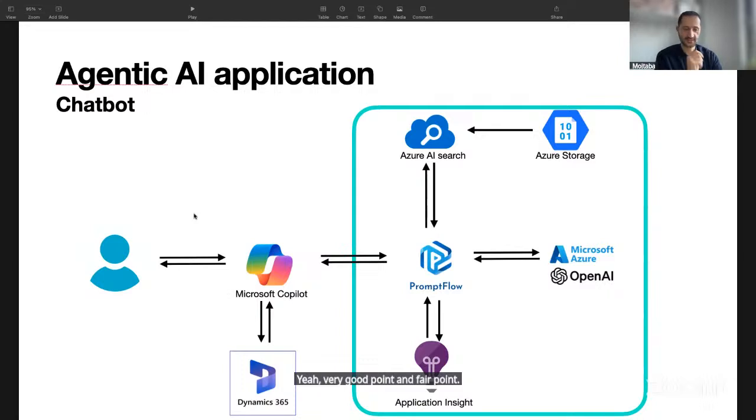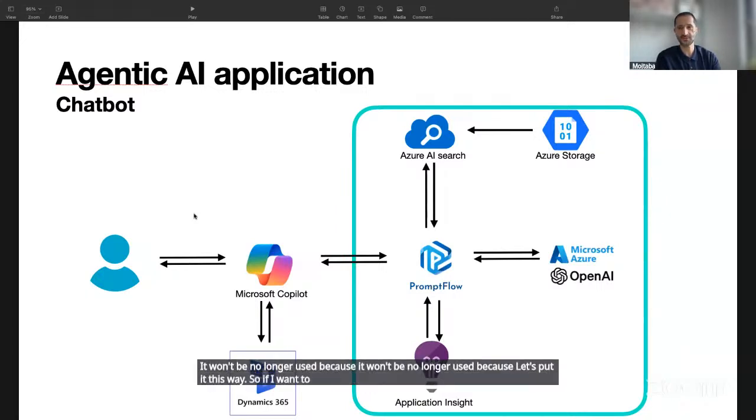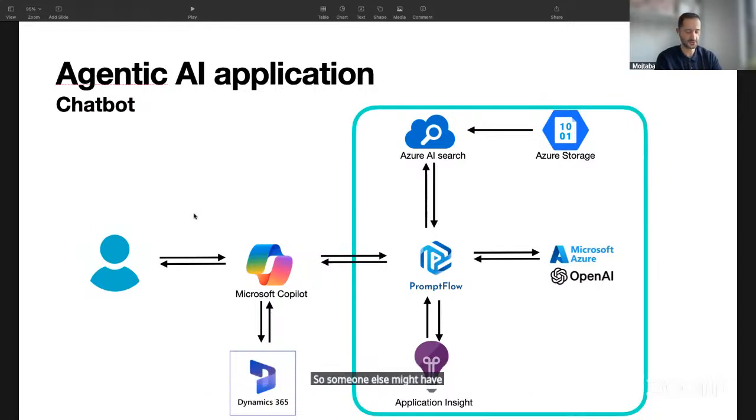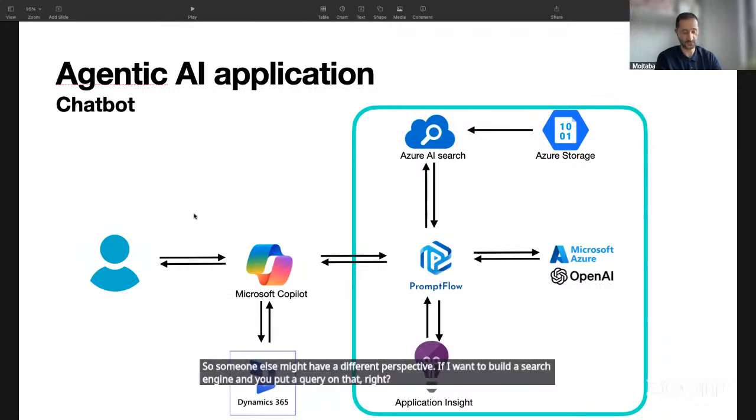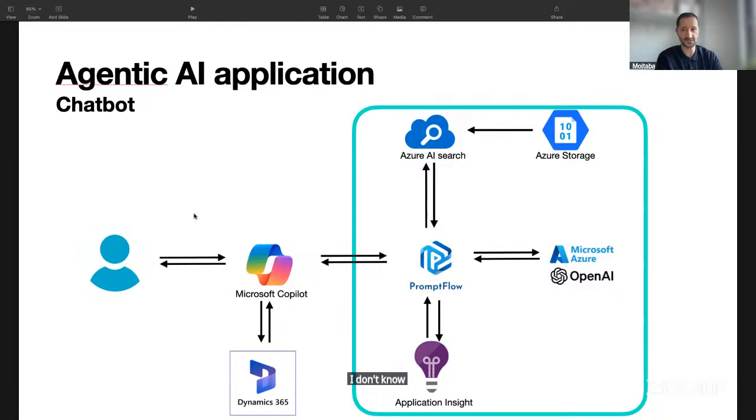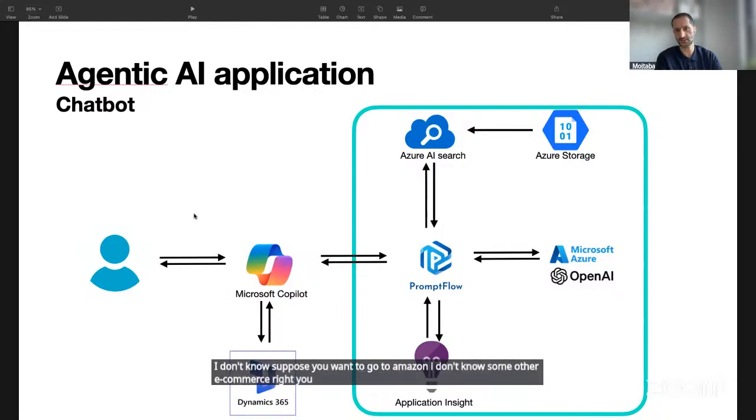I wouldn't say that they will no longer be used, because let's put it this way. If I want to build a search engine, this is completely my perspective, someone else might have a different perspective. If you put a query on that, suppose you want to go to Amazon or some other e-commerce site, you put a word there.